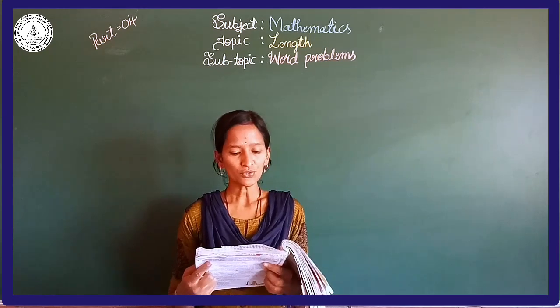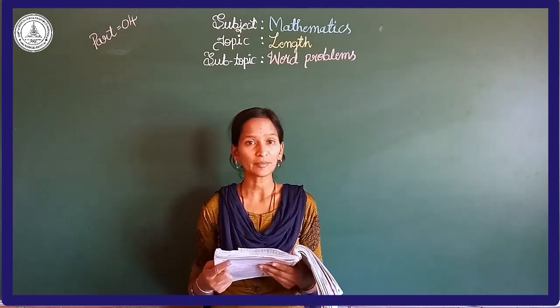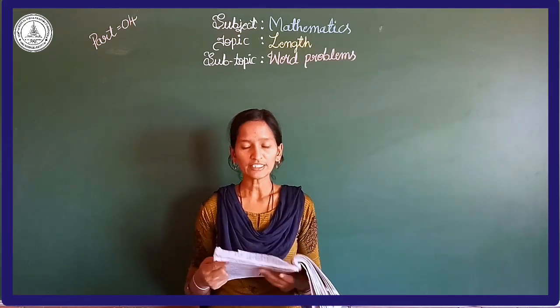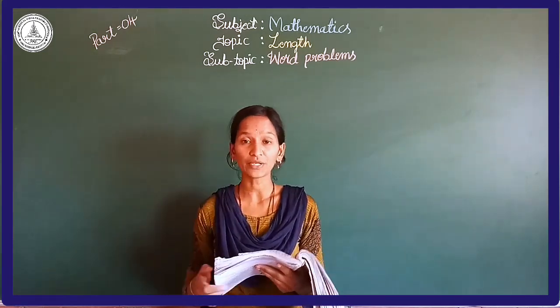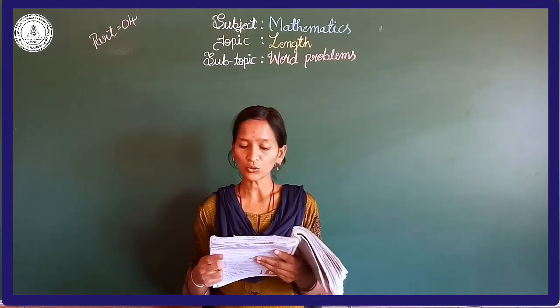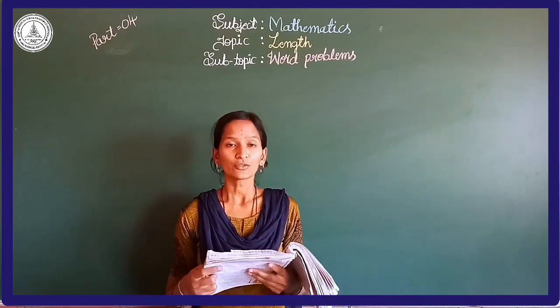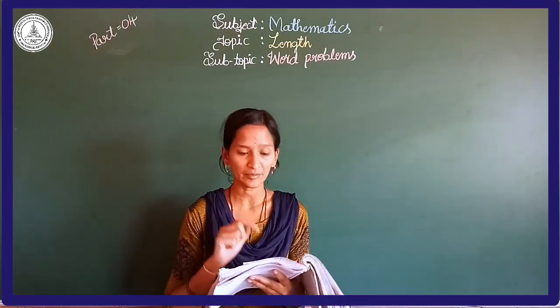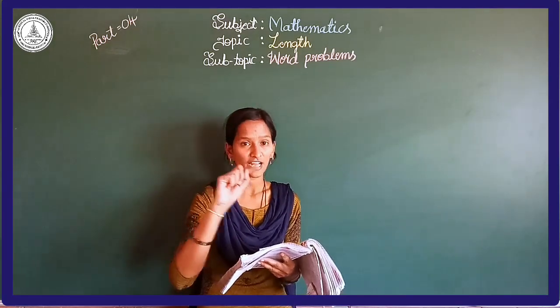First, Raju drew a 56 centimeter line, right? After that, Rohan extended the line by 24 centimeters, right? You have to find out the total length of this line. So at first the length of the line is 56 centimeters, drawn by Raju.